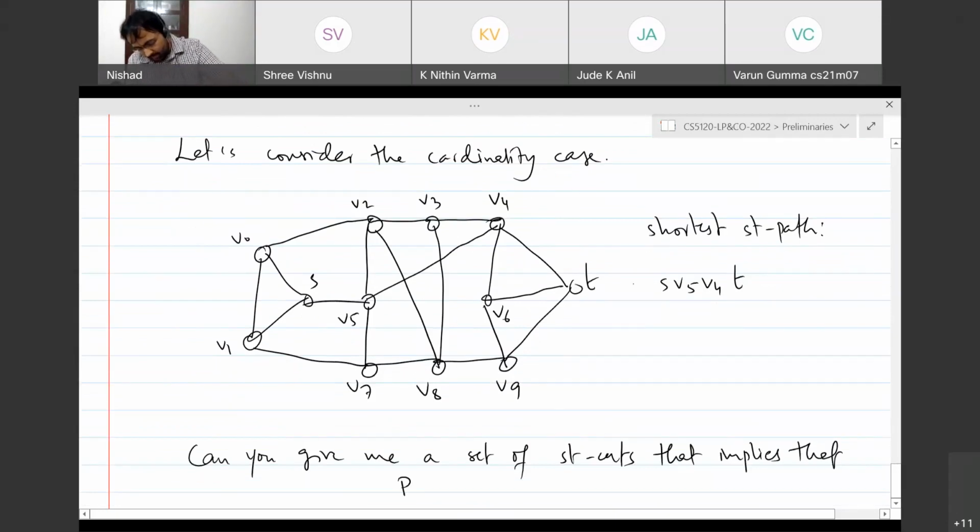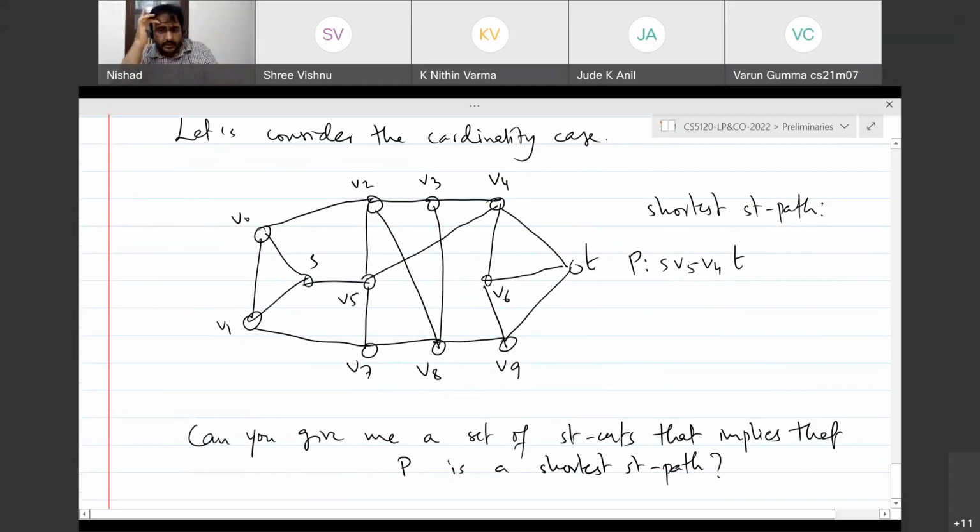So this is a path P. So can you somehow use the idea of cuts to convince someone that there can't be an ST path in this graph that is shorter than the one you have already found? Right? So the length of this path is 1, 2, and 3 edges.